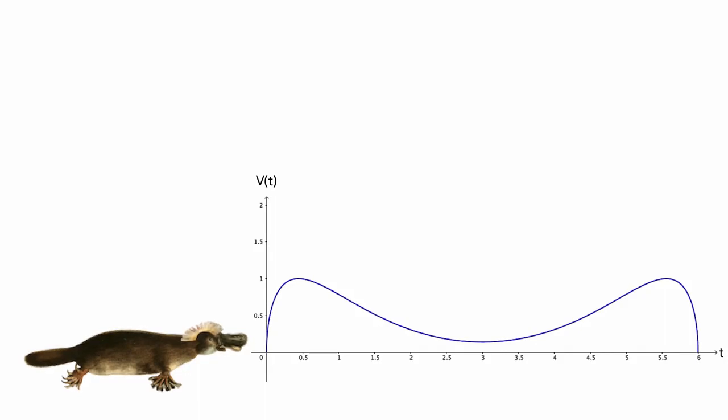Let's first set the value of x equal to 2, as shown by the red section of the graph. Thus, we'll be looking at the first 2 seconds of the platypus's motion. Now, we want to compute the platypus's amount of change of distance from its starting position over these first 2 seconds.